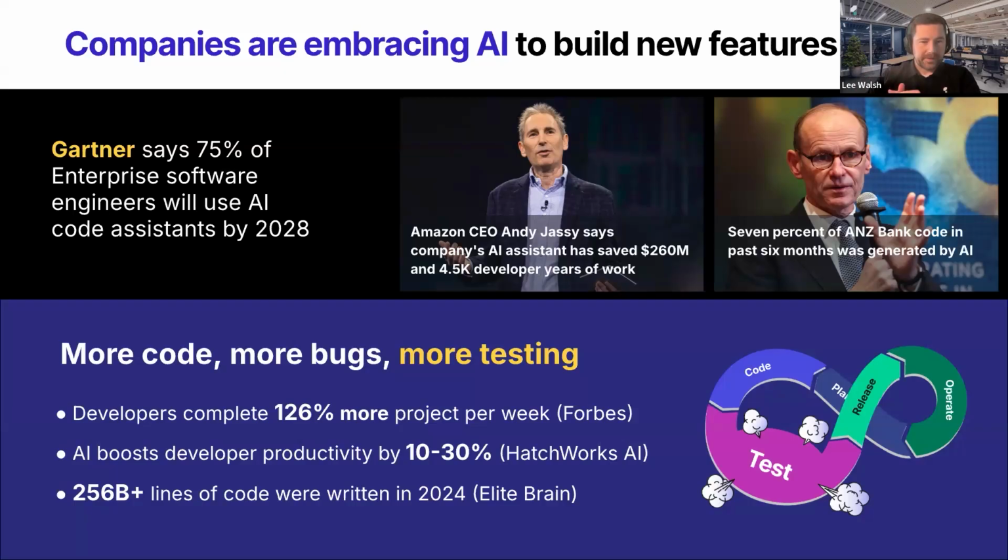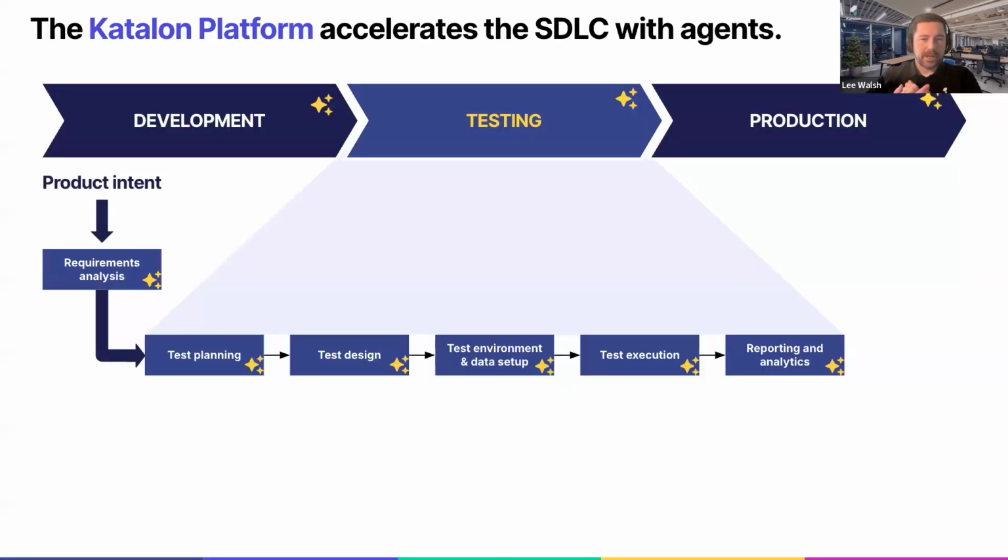We can see some stats here around developer productivity, their ability to release new features faster than ever, and their ability to, in turn, create more code, which requires more testing. To combat that change, Katalon, like many other commercial solutions, is also embracing AI through the use of several AI agents, which is allowing teams to create, maintain, and execute tests across various types of applications quicker than ever.